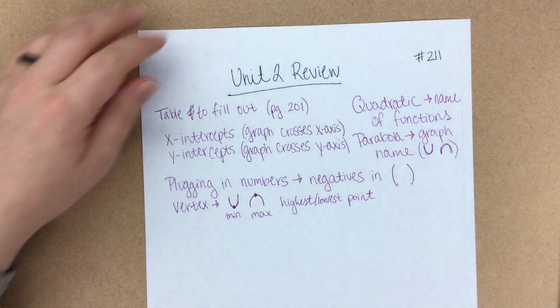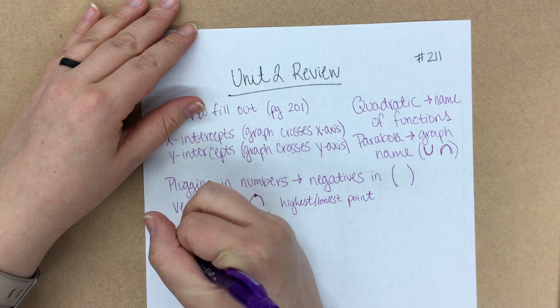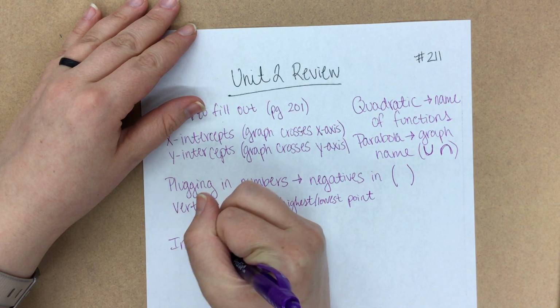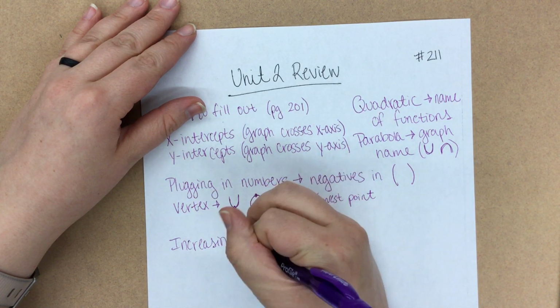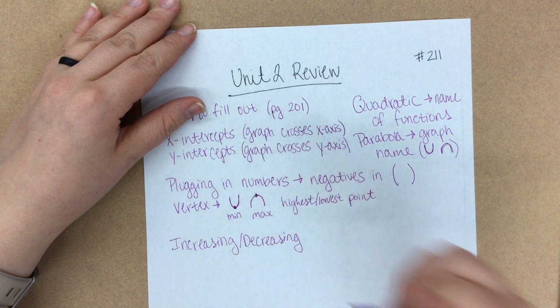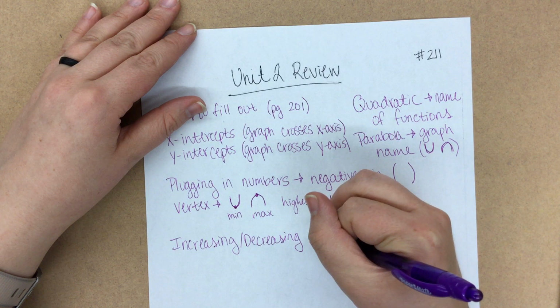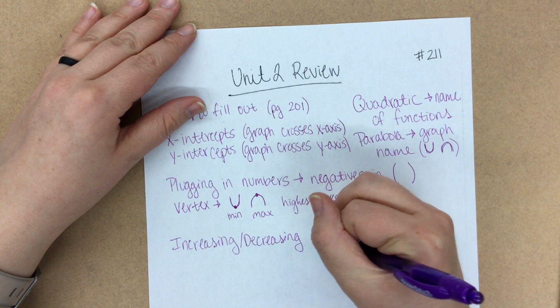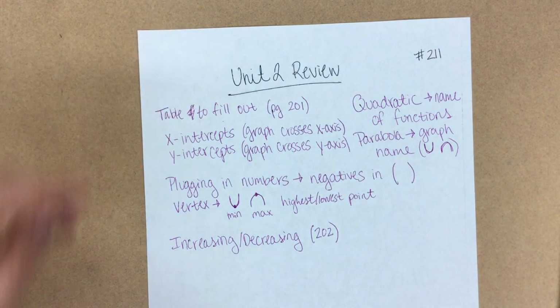You will need to know increasing and decreasing. I think if you need a lot of help with this one, I would go back to 202. Okay, that's a good one to go back to if you need it.